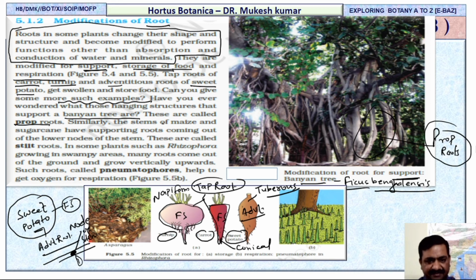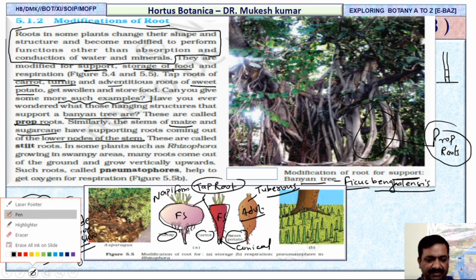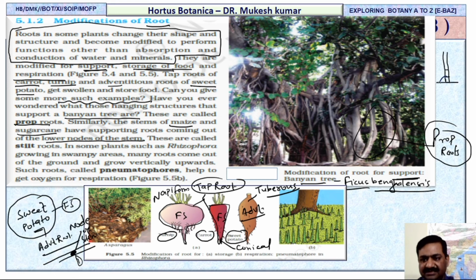Similarly, the stem of maize and sugarcane has support roots coming out of the lower nodes of the stem. Remember, we studied this. See this structure, these are the lower nodes, and from these lower nodes such roots arise, attach to the soil, and provide mechanical support.